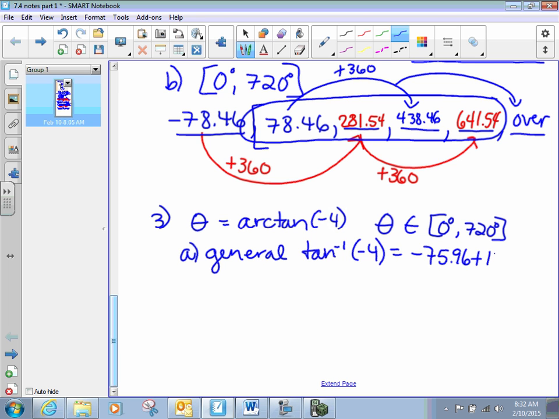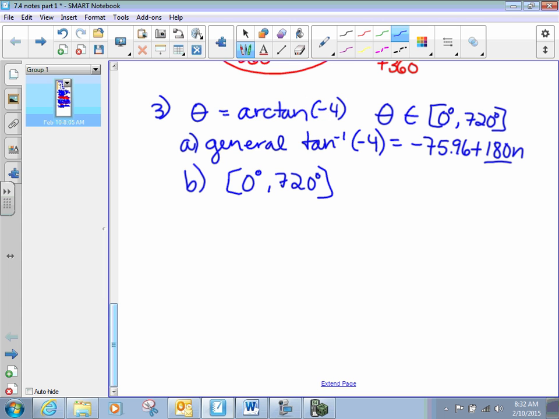And then I'm going to add 180n because they're only a half a revolution apart. So for specific, I'm looking between 0 degrees and 720, the specific interval. So my first answer is negative 75.96, and then I need to get some more answers.